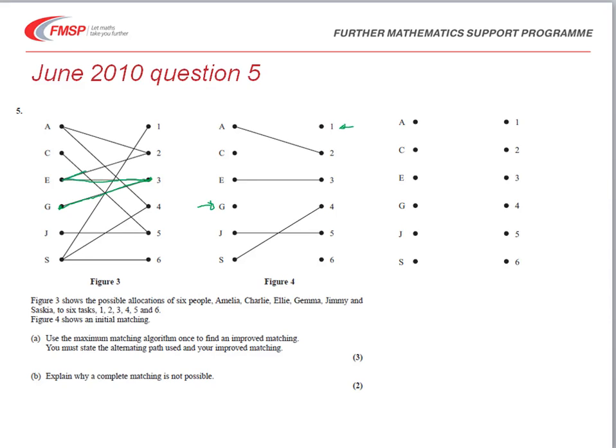It goes, there's only one choice, we've got to go to 2, then back to A, then to 4, and S. Then we have a choice really, we could go to 6 or to 1, so let's go up to 1.